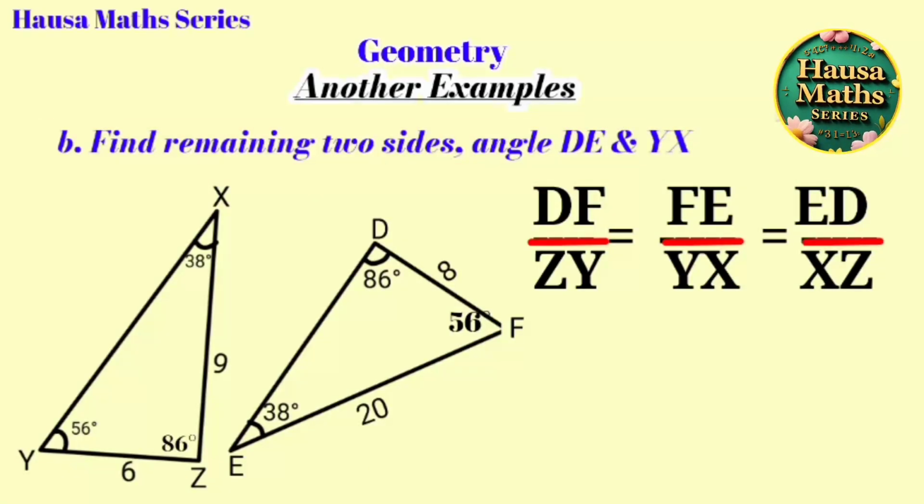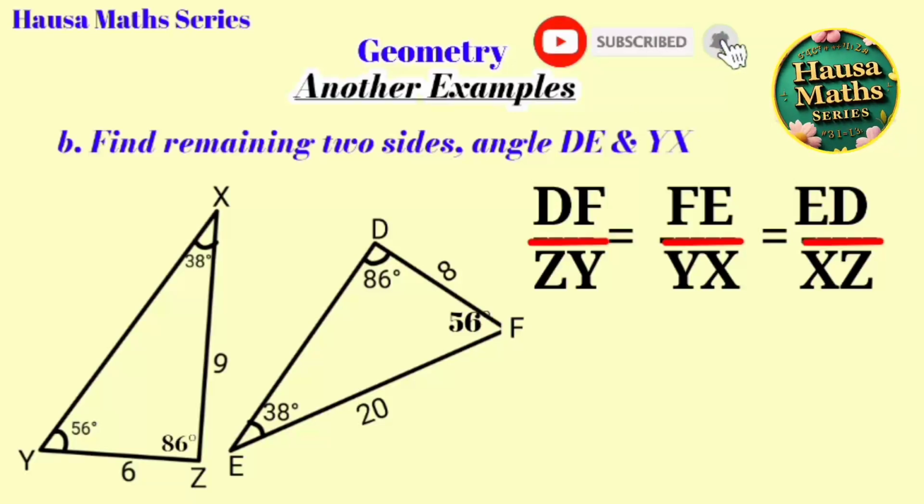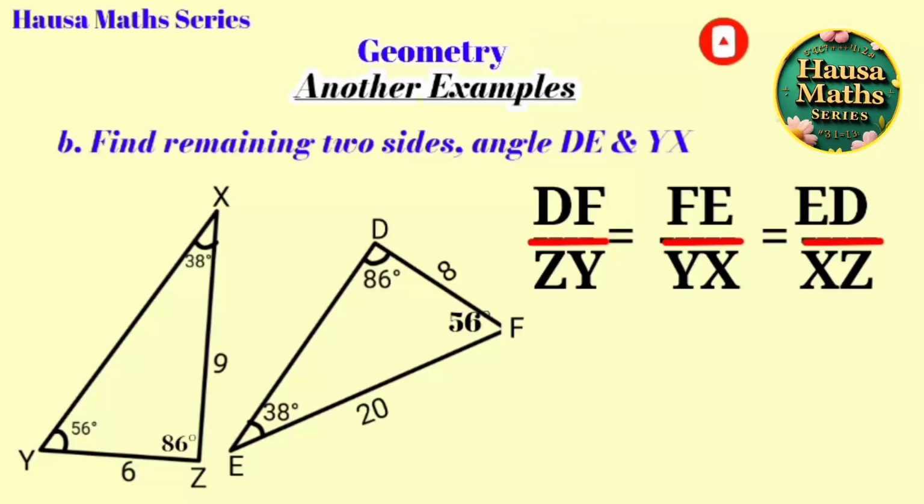If you take a look, DF and YZ are corresponding sides, then FE and YX are also corresponding, then ED and XZ are also corresponding sides.